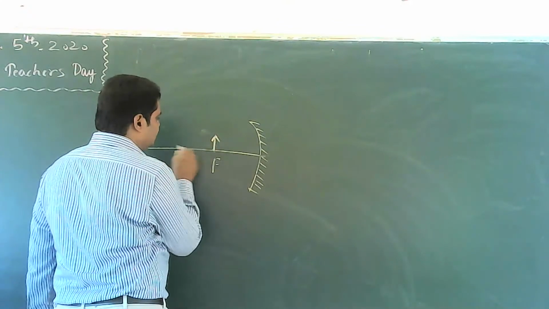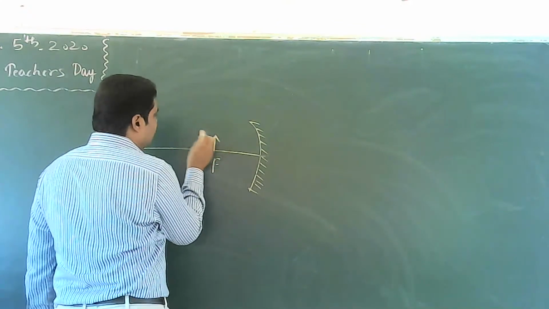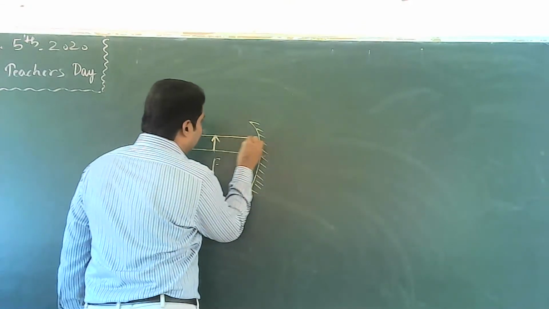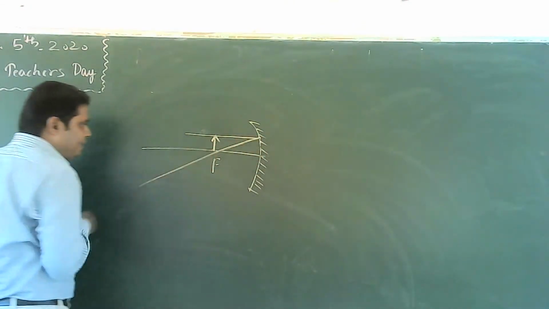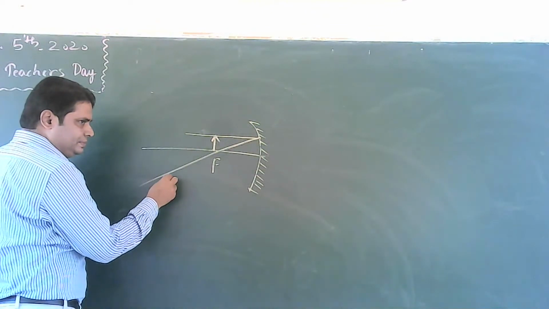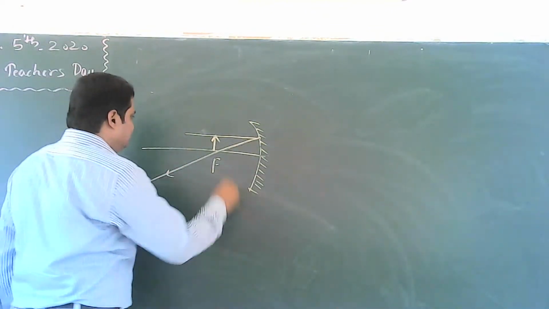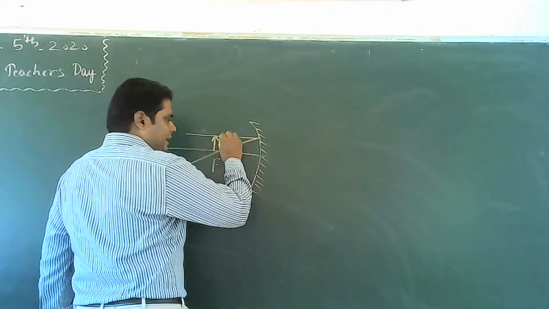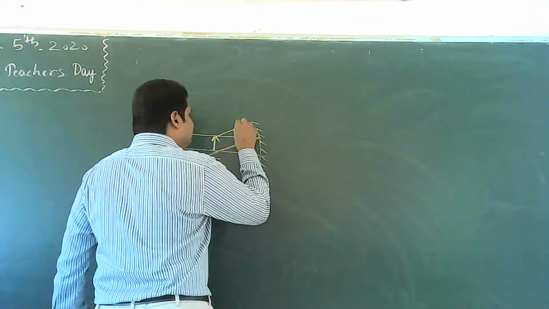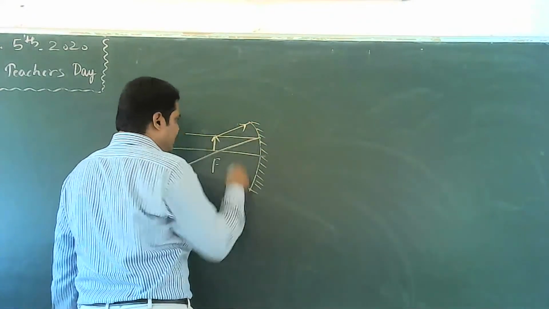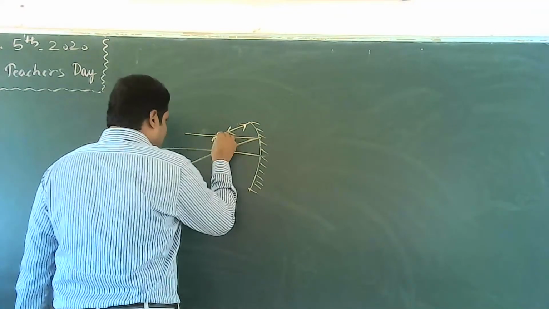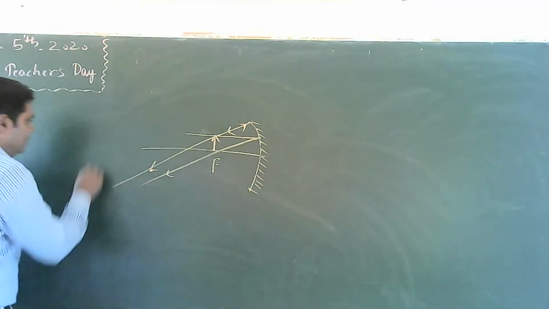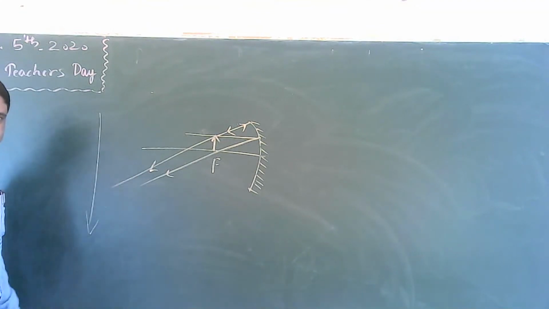First ray, after reflection, will pass through F. And a ray from this point, imagine it is just incident at this point, and it will get reflected and pass in this fashion. So the image is formed somewhere here at infinity.